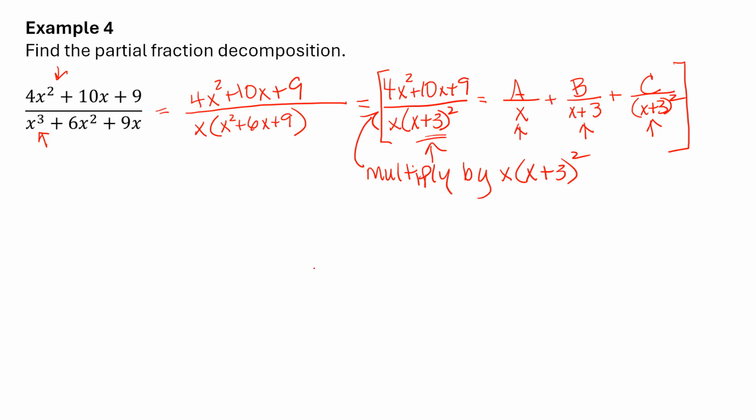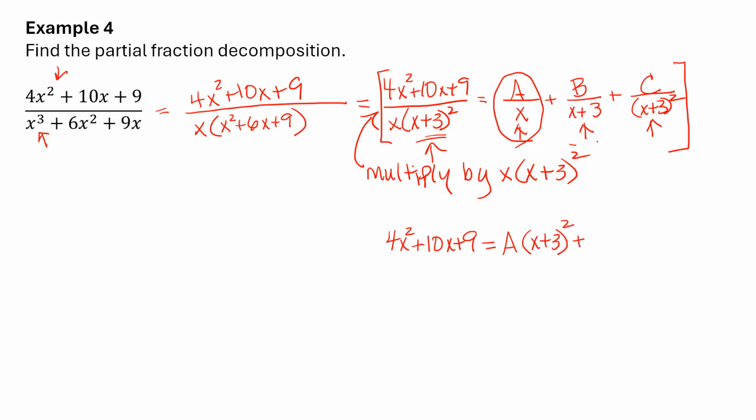Okay, so when I do that, I will multiply the first term on the left. It will just all cancel out. That denominator will just go away, and I'll have 4x squared plus 10x plus 9, and that should equal all the stuff on the right. When I multiply by this first fraction, the x will cancel, and I'll just end up with a times (x plus 3) quantity squared.